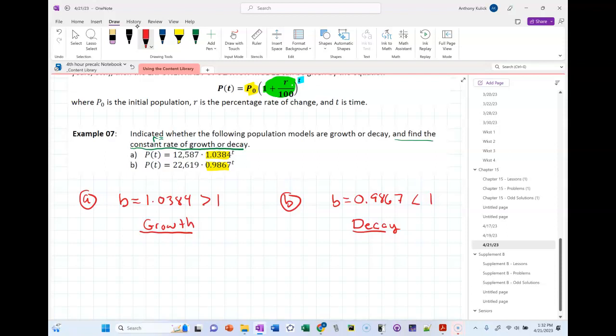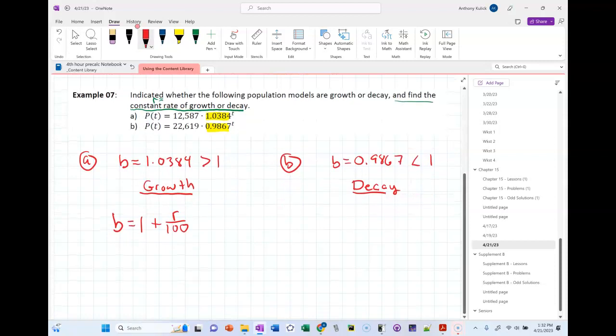So just a moment ago, we talked about how that 1 plus R over 100 was the same as the B. Everybody's okay there? So I'll plug in my value for B that I got by looking at my equation, and I'm going to solve that now for R.